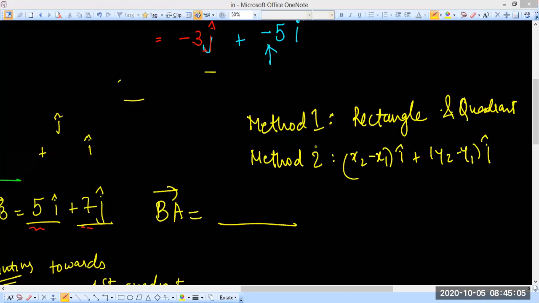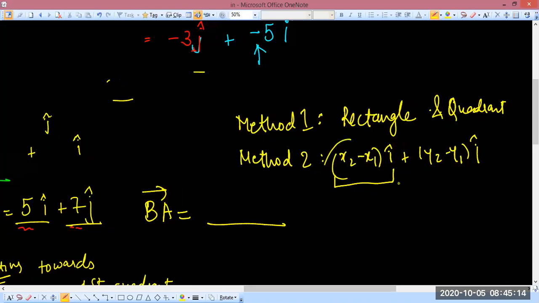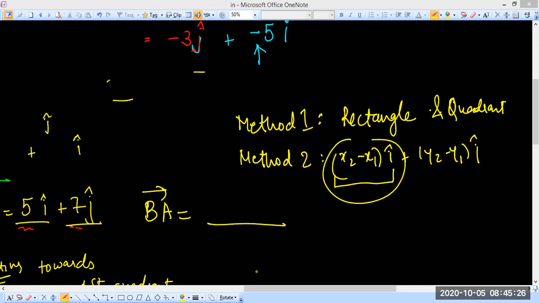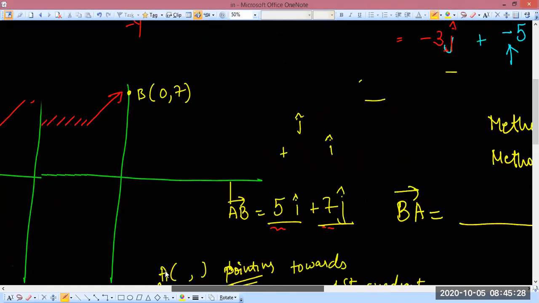So those who are using method 2, I have to warn you, don't make mistakes in subtraction. I think many of you are making mistakes in subtraction. Right? You have to be careful. Dhruv, you made a mistake. Right? You have to be careful.